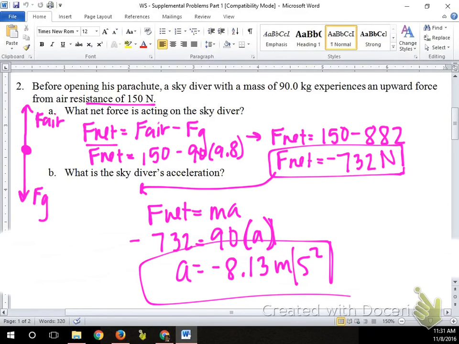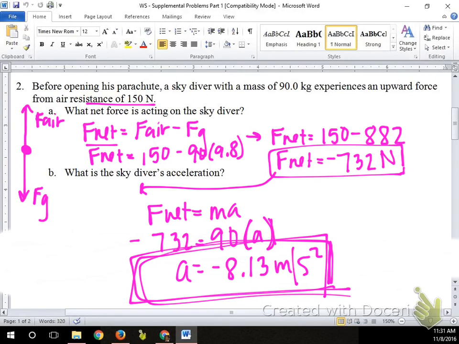Without air resistance, what's an object's acceleration as it free falls? Negative 9.8. But here he's experiencing some air resistance, so his acceleration is negative 8.1. So he's accelerating a little bit slower than he would be in free fall, which makes sense because he has air resistance on him. When he opens his parachute, what can you expect to happen to this acceleration?